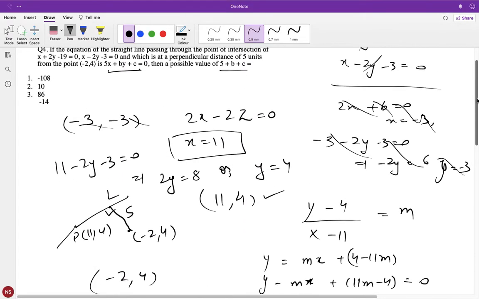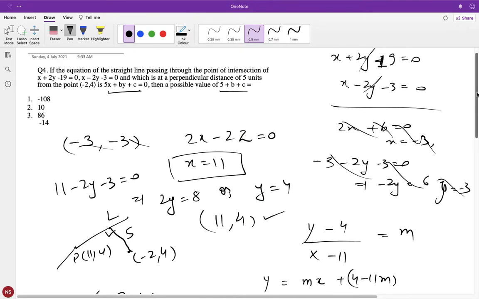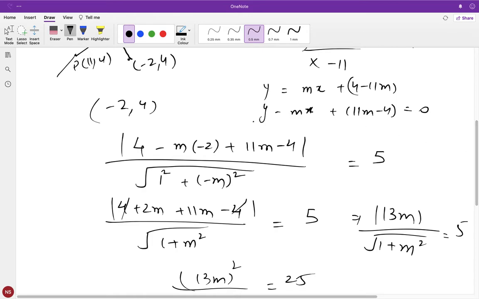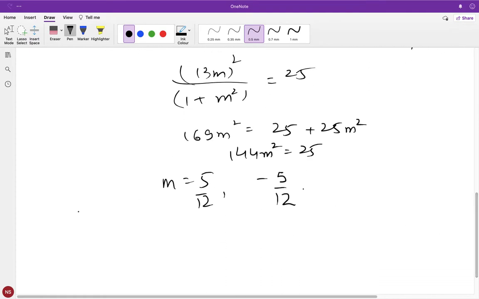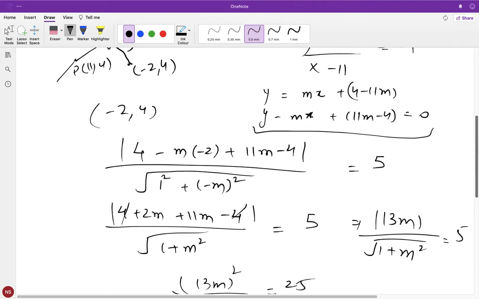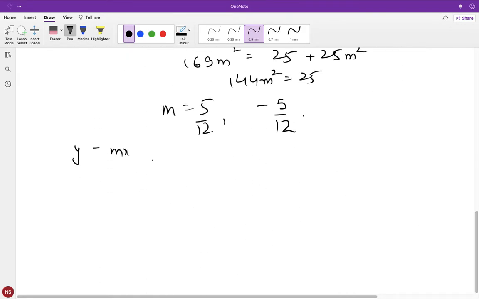So my equation, which was this, has two possible solutions: one for m equals 5/12 and another for minus 5/12. The equation is given by this: y minus mx plus 11m minus 4.